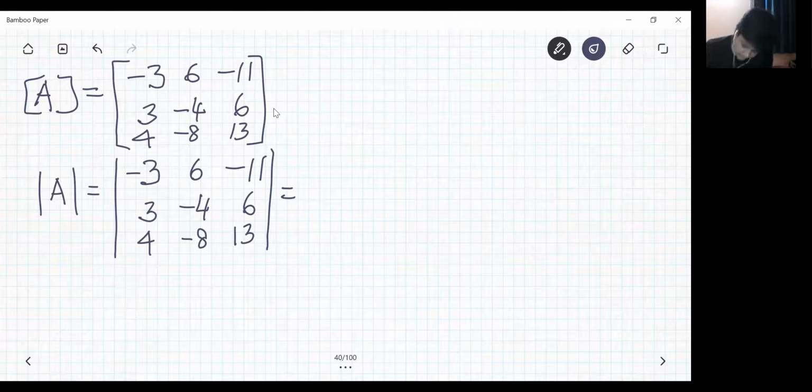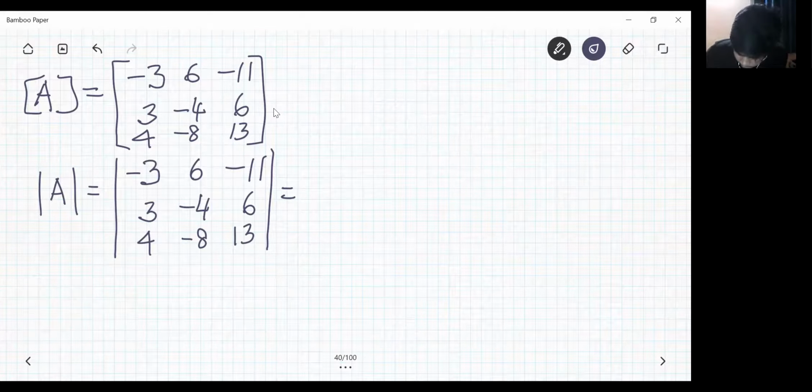So it's minus 3 into open bracket, minus 4 into 13, minus of minus 8 into 6, close the bracket.